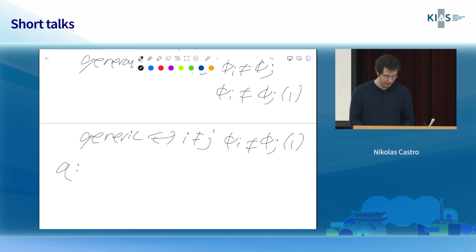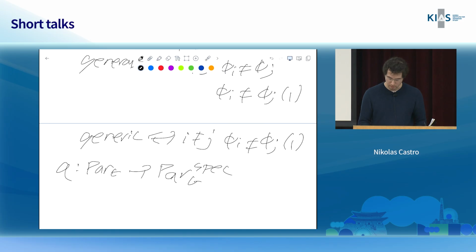Okay, so now I'll give the actual definition. So a little bit of notation. I'll let Q be the coarse moduli map of par G to its coarse space, which I'll call par G spec.